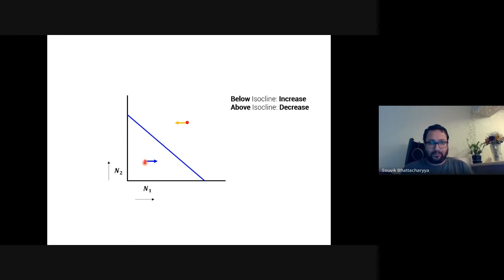If the number of individuals are below this isocline line, then the number of individuals is going to increase over time. And if the number of individuals are above this line, then the number of individuals is going to decrease. So below the isocline means increase, above the isocline means decrease.